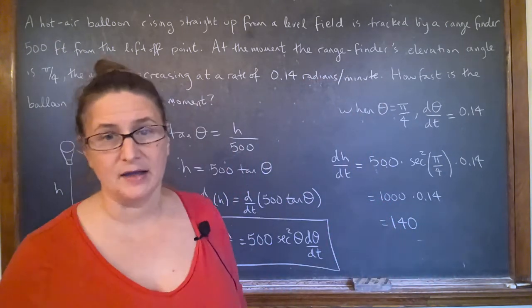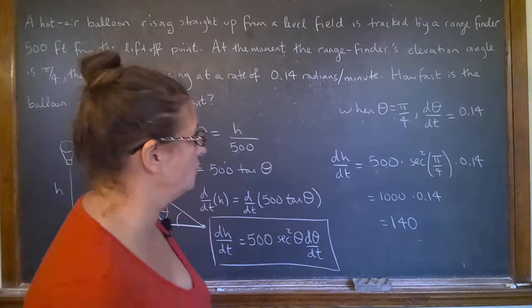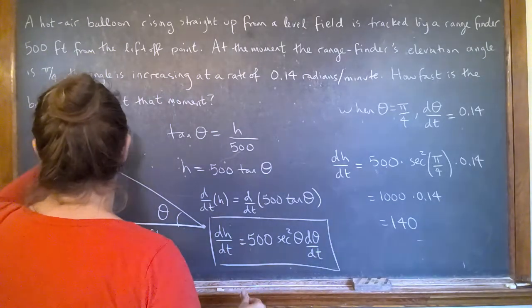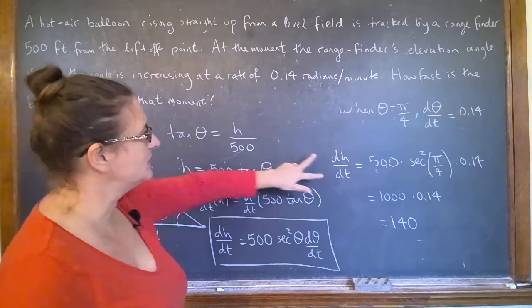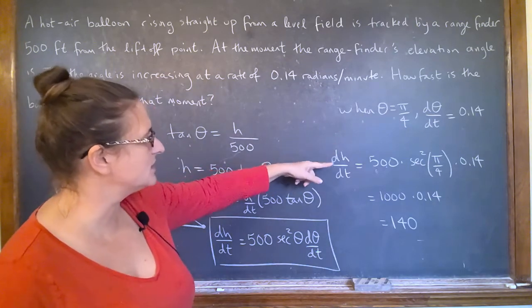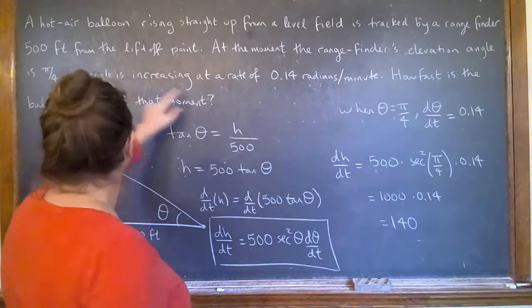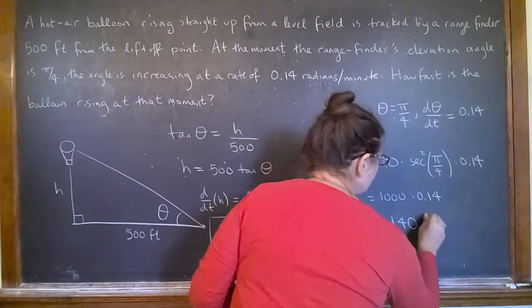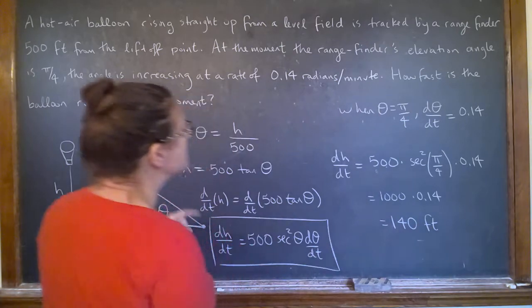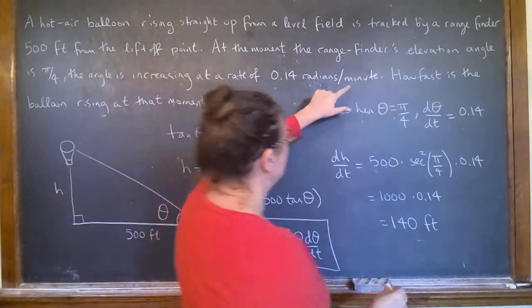These all have to have units in them because they're word problems. So let's see, we have feet, right? Because dh dt is the change in the height versus the change in time. The 500 is in feet, and the time given is in minutes.